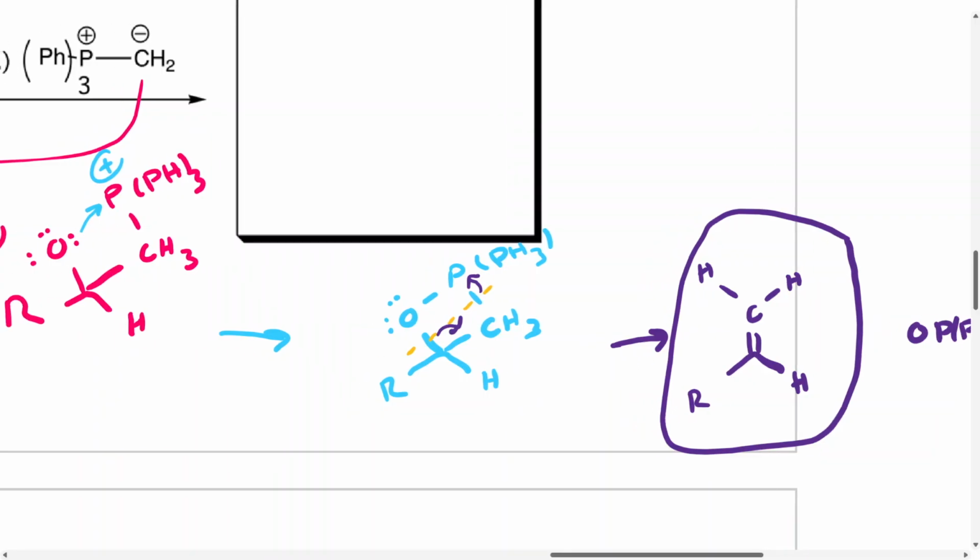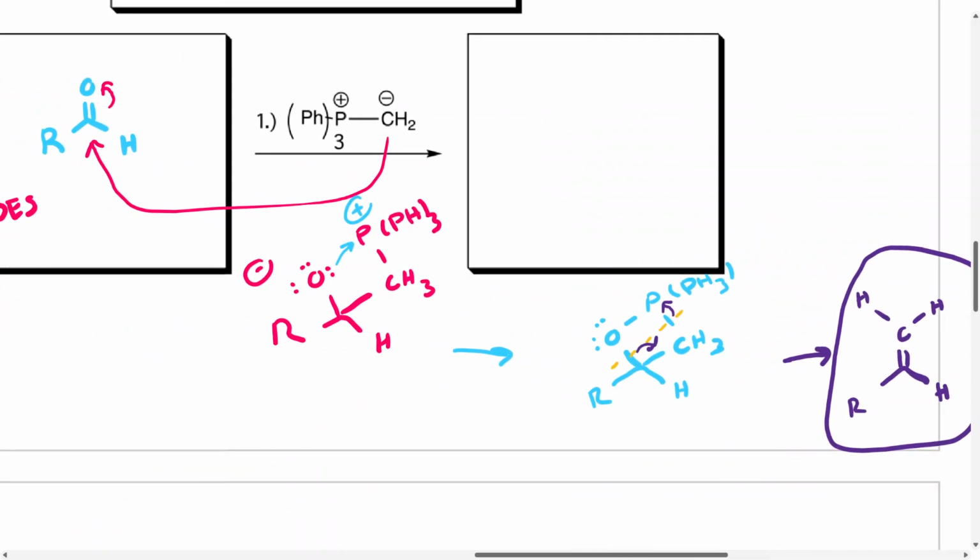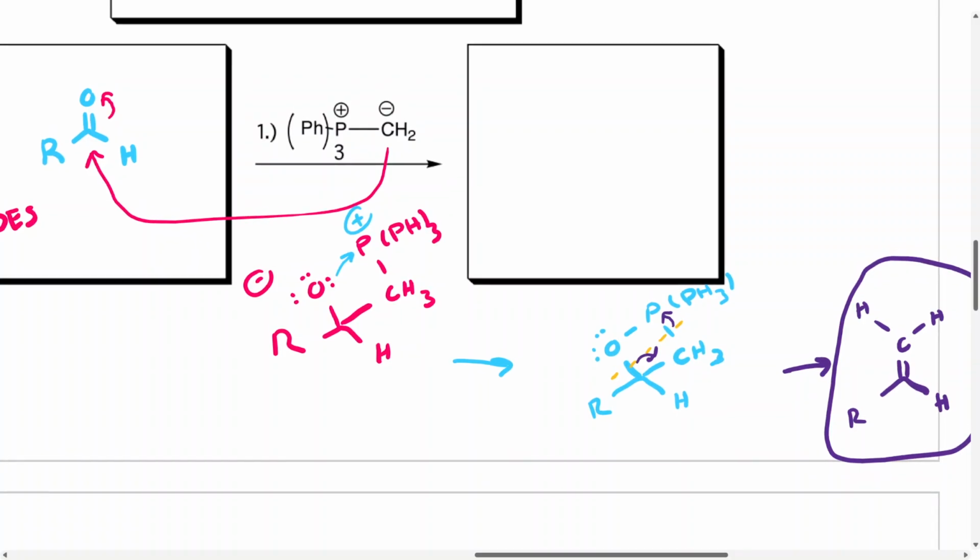And a fast way we can think of this is whatever this thing is just going to replace whatever the oxygen is. So this is my original molecule. I'm just going to erase the oxygen and then put whatever is in that part of the ylide.